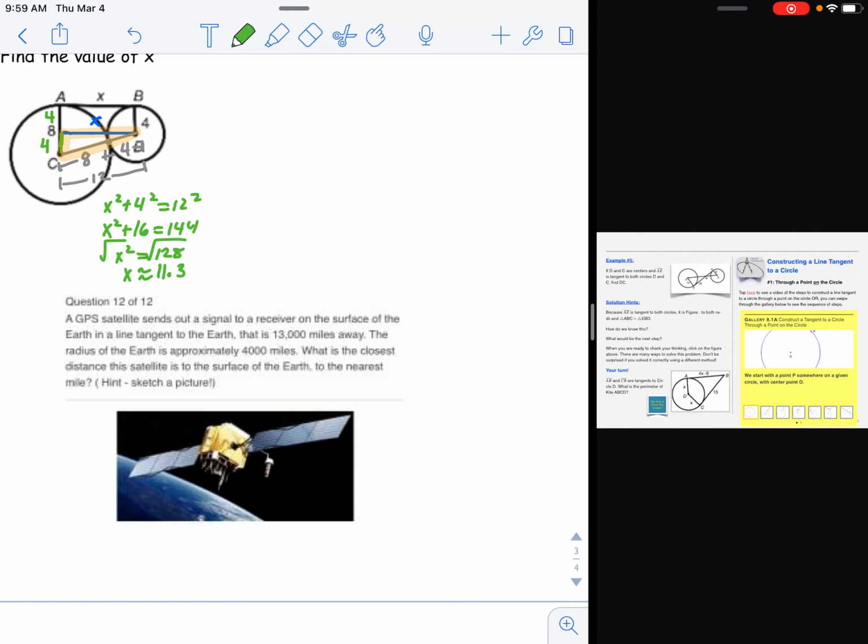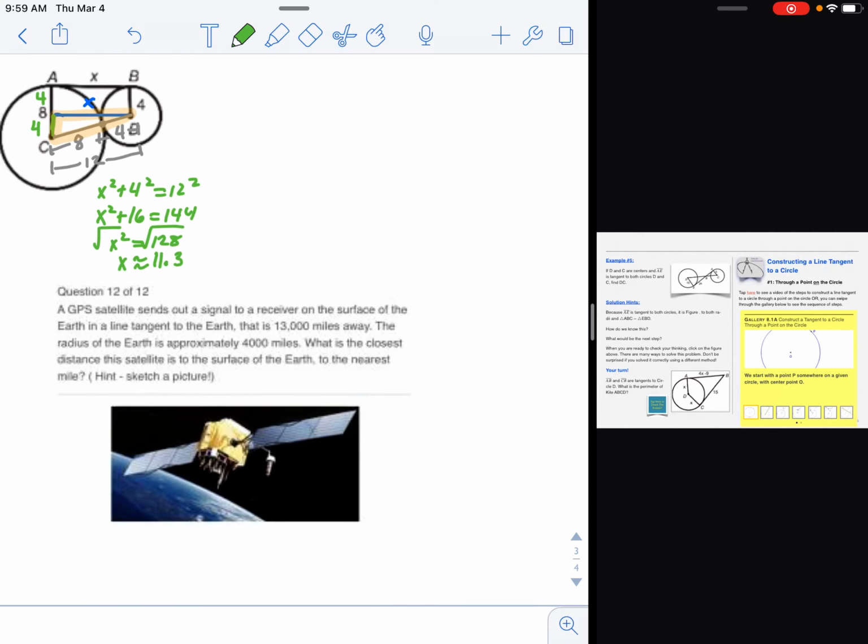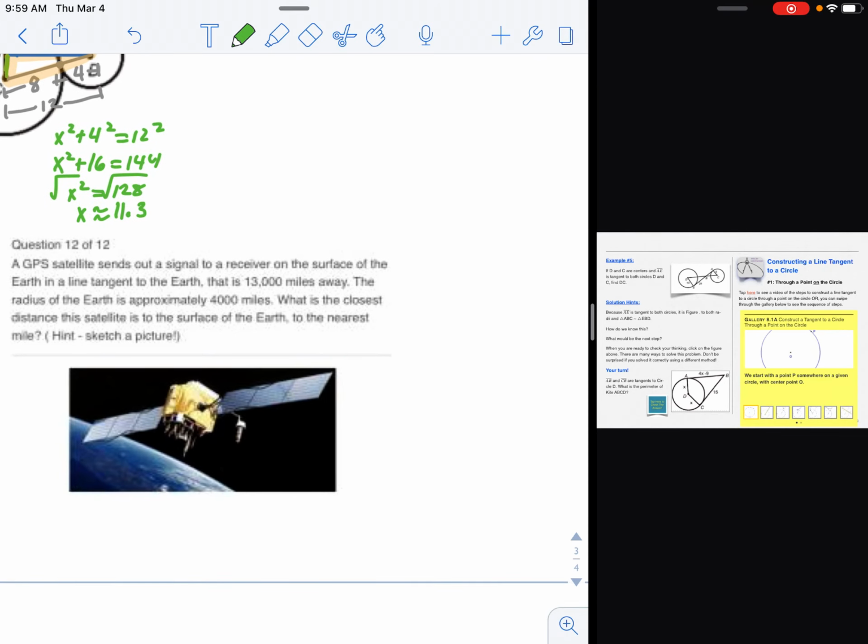And then last problem is, what this is saying right here is we got the Earth. So the GPS, we got some satellite. It sends out a signal to a receiver on this. So this is a satellite.